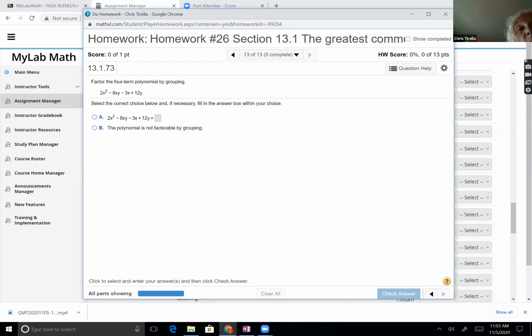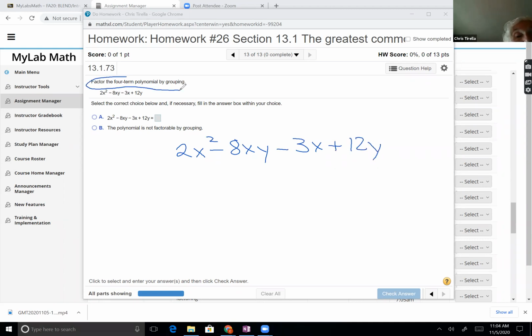The first questions, I think you'll notice, are much more definition-y questions than do-the-problem questions. So the last one in this assignment, number 23, gives you 2x squared minus 8xy minus 3x plus 12y, and asks you to factor by grouping.